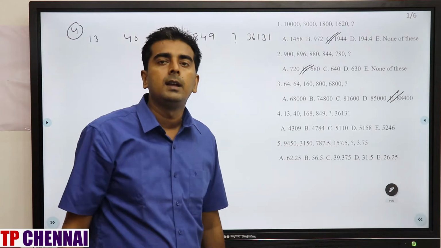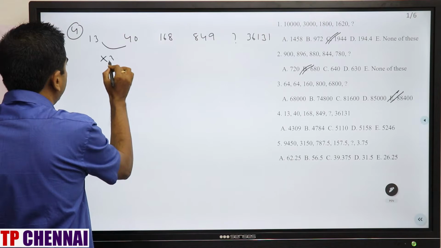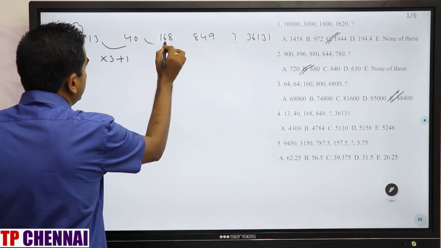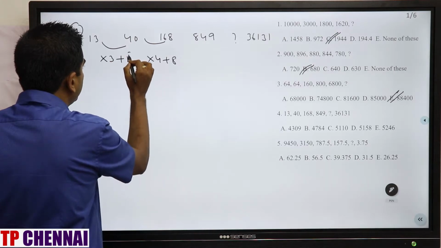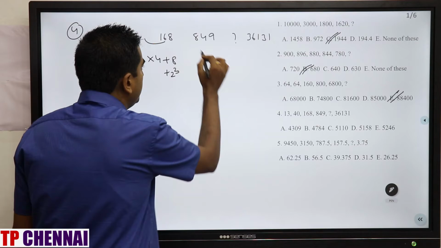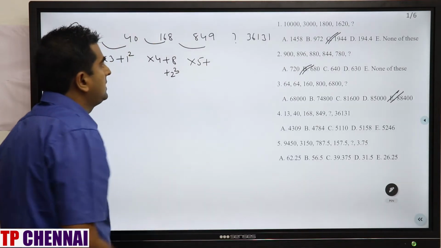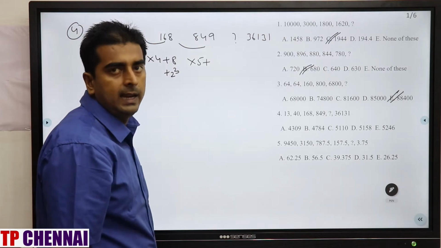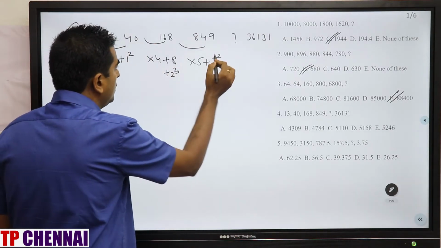That means it follows multiplication logic. So this is into 3 plus 1. This is into 4 plus 8. That means this is into 1 plus 1 square. This is into 4 plus 2 cube. This is into 5 plus 9, because 168 into 5 is 840 plus 9. So this is plus 3 square. 1 square, 2 cube, 3 square.